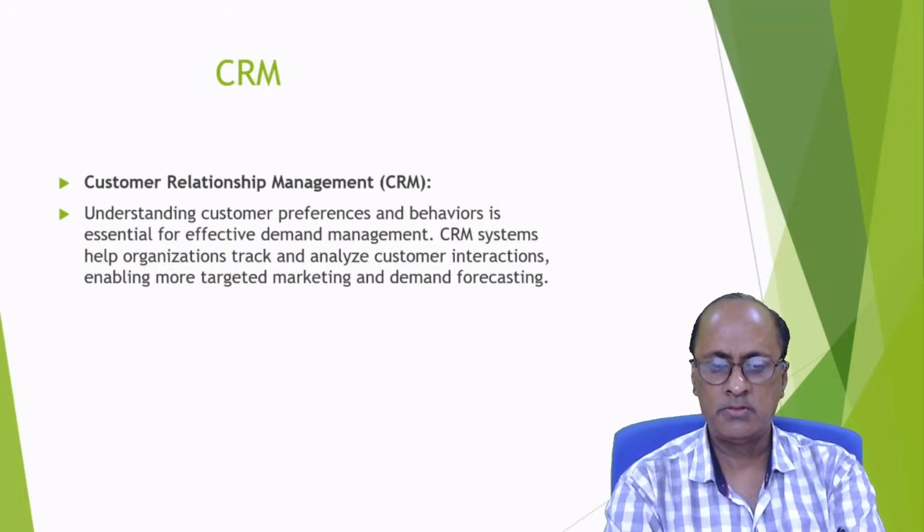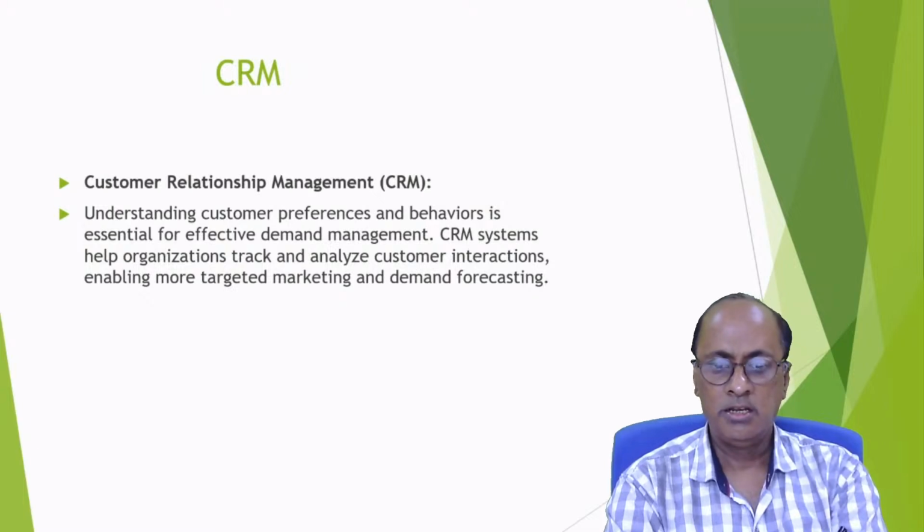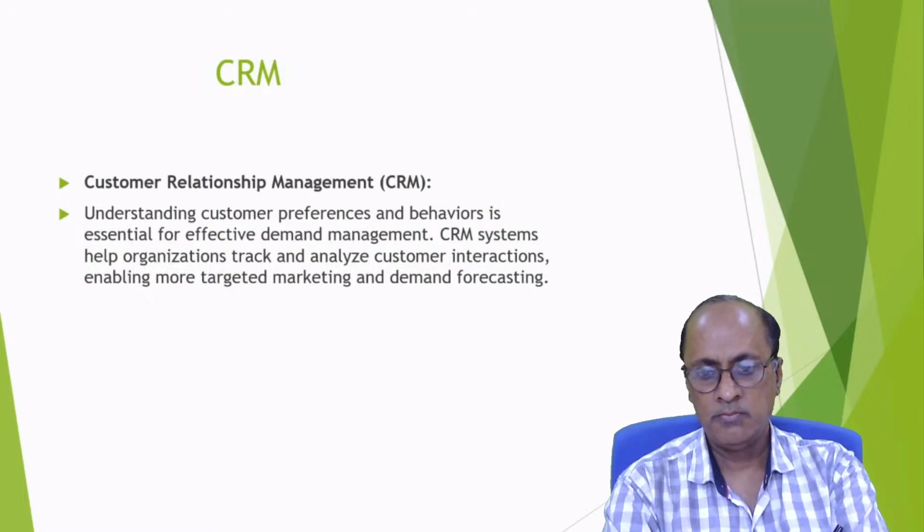So CRM helps in targeting the market and also in demand forecasting. CRM helps to understand the customer preference and their behavior. How does it do this? By interacting with the customers. It can read the pulse of the customers.